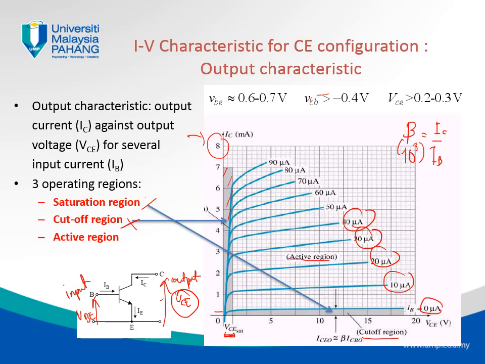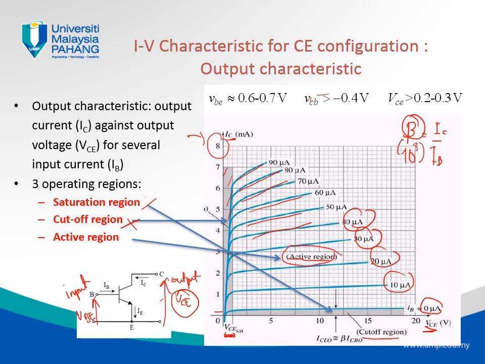In this active region we have the curve, and we could consider the curve as linear here. The linearity represents the gain, beta. So the relation between VCE and IC is linear when we are in the active region.